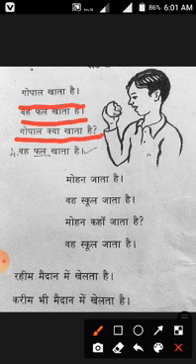The verb will go at the end. In the middle, the details will come. वह गोपाल क्या खाता है? What does Gopal eat? वह फल खाता है. He eats fruit. When you speak in English, you should follow the rules of English. When you frame sentences in Hindi, you should follow the rules of the Hindi language.